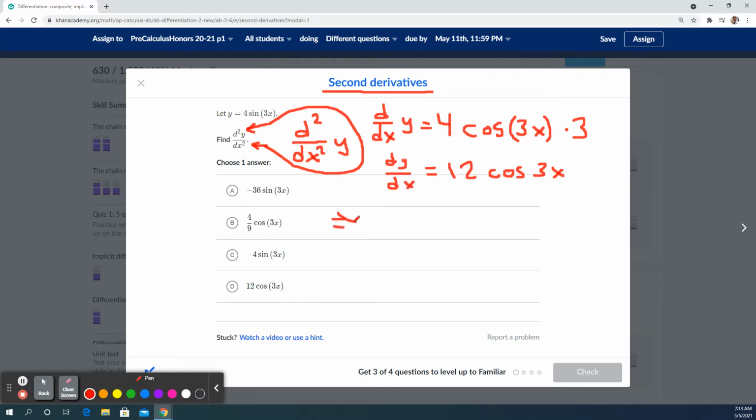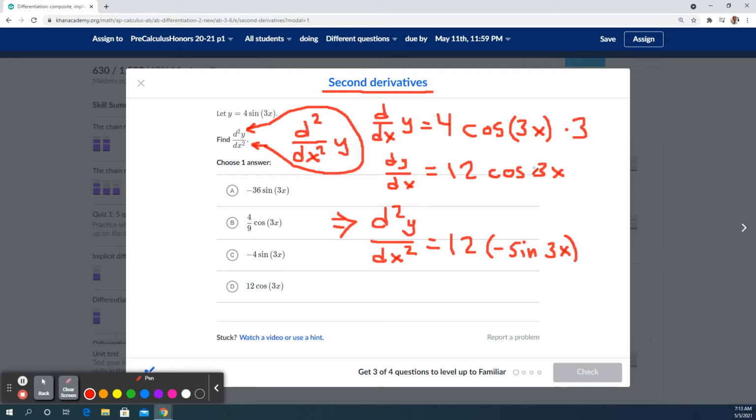Now we'll apply the derivative one more time. So this is d²y/dx², which is equal to, we do the derivative one more time. I don't worry about the 12. The derivative of cosine is negative sine. We repeat what's inside the trig function, which is 3x.